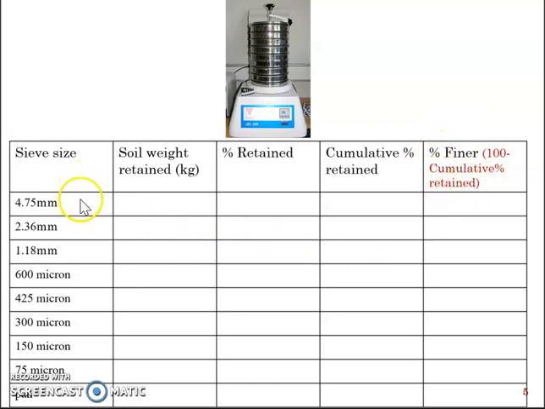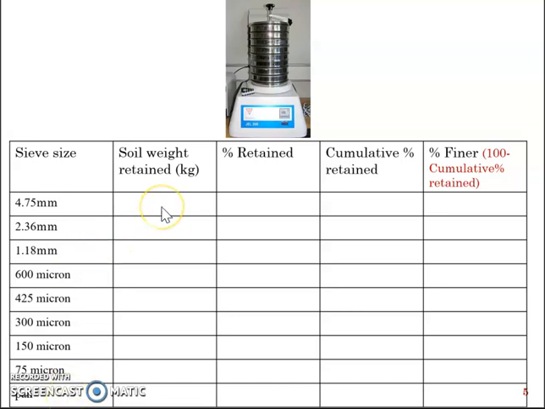Usually in the laboratories we use sieve sizes marked here. It's not limited to these, but for the sake of an example, I have taken 4.75, 2.36, 1.18 millimeters, and below which you have 600, 425, 300, 150, 75 microns, and at the bottom you'll have a pan.